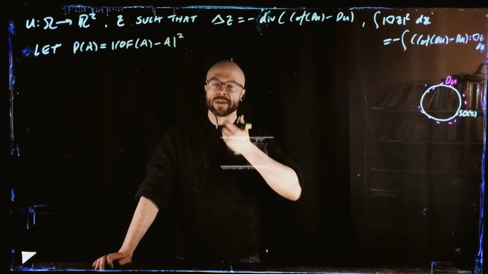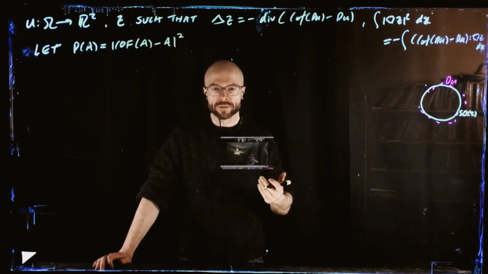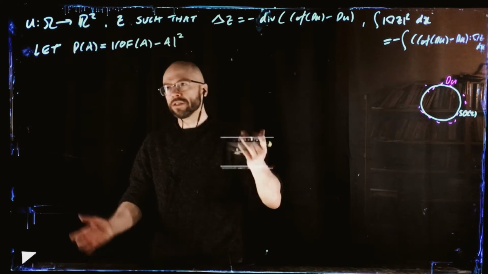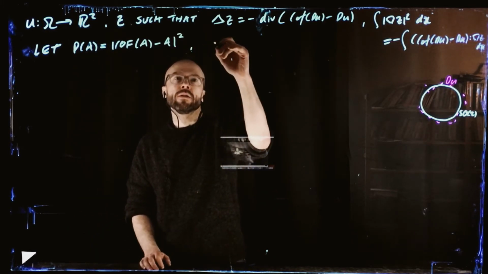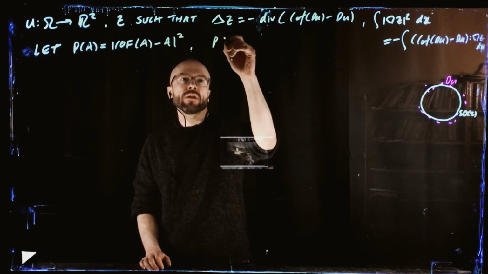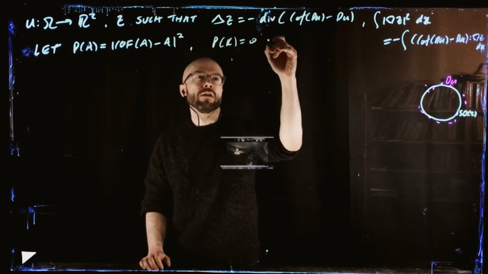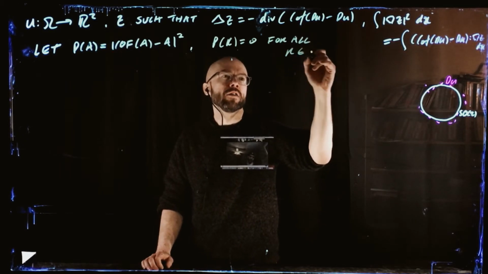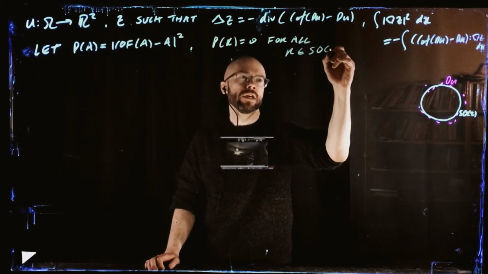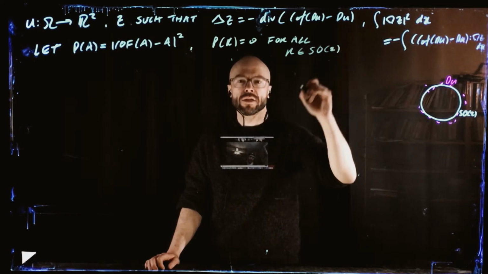Then this is a purely algebraic expression, a polynomial of these entries. And P of R equals 0 for all R belonging to the space of rotations.